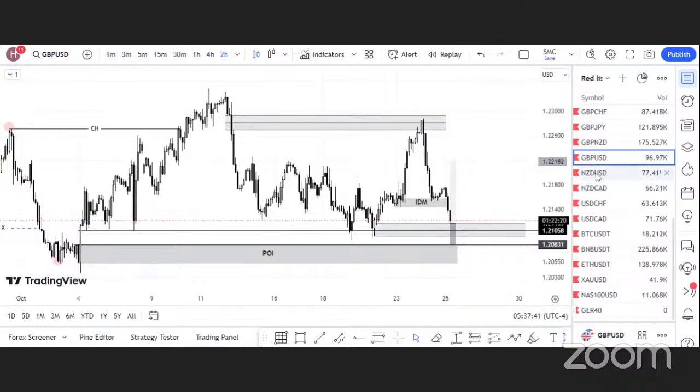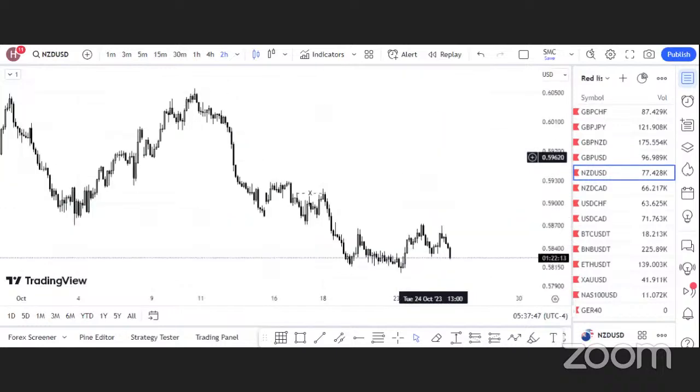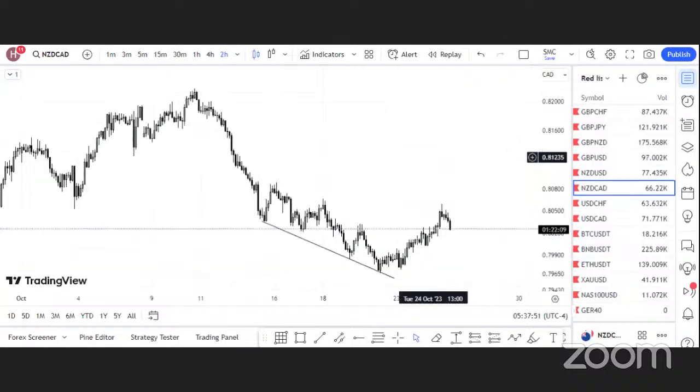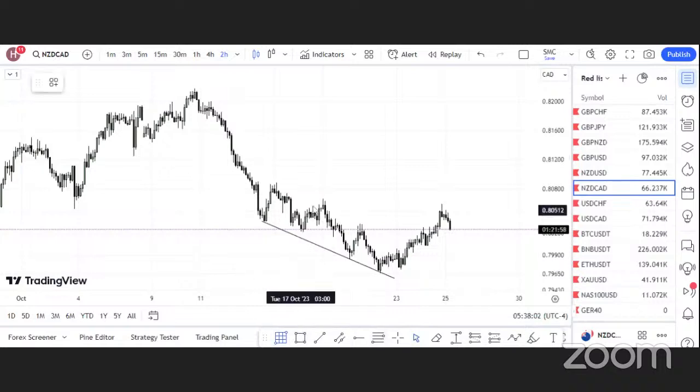So let's make another analysis. So we have the market respecting this area here.